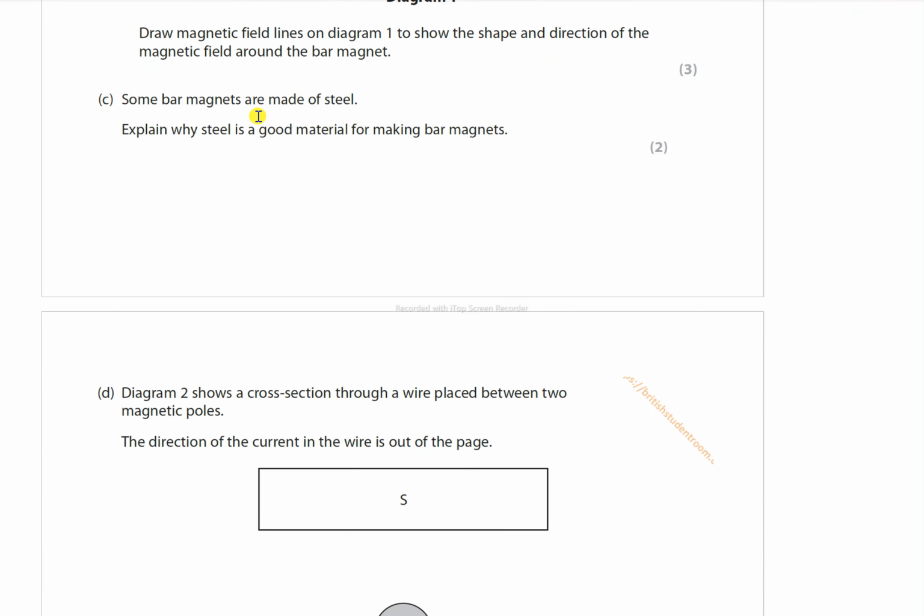Right, some bar magnets are made of steel. Explain why steel is a good material for making bar magnets.